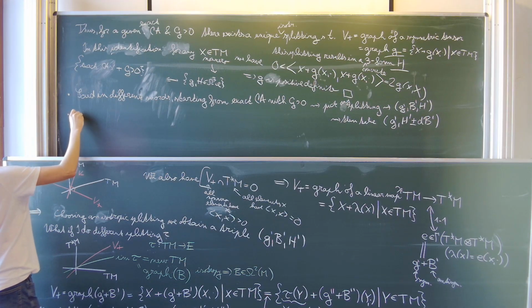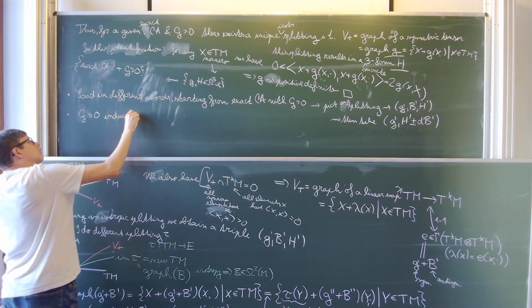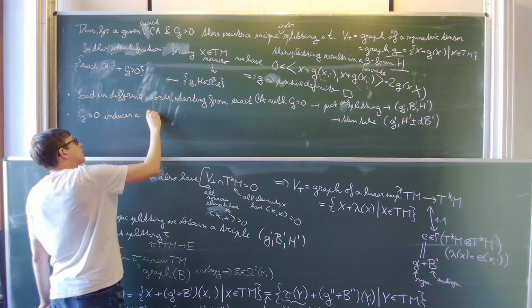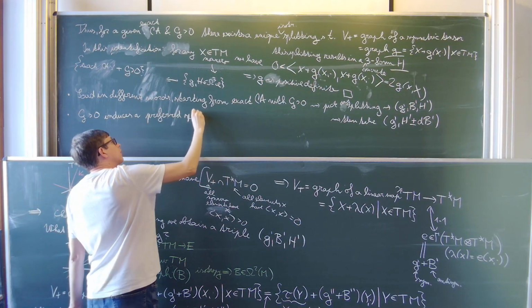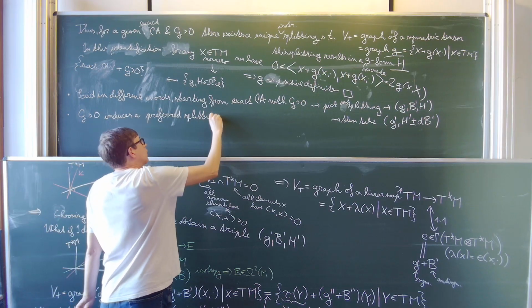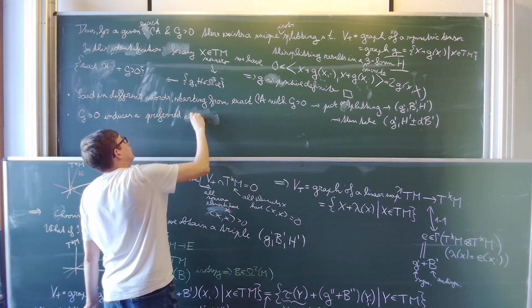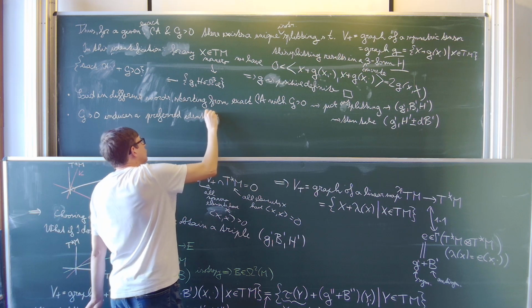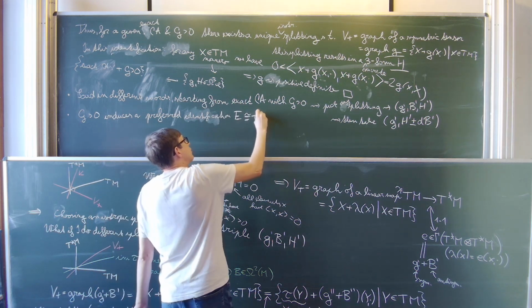The second remark is that a positive generalized metric G induces a preferred isotropic splitting, a preferred identification of E with TM plus T star M.